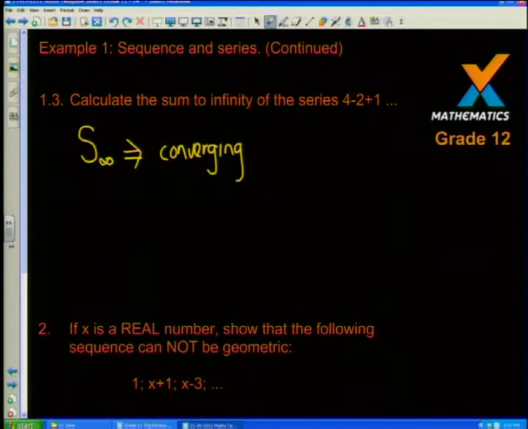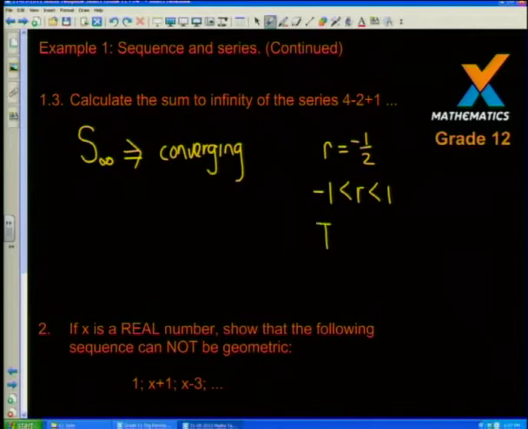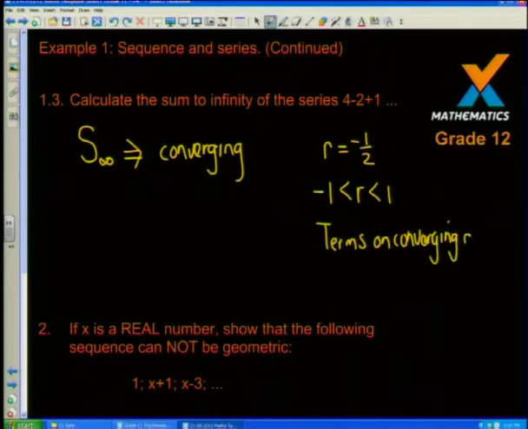Well, can you see that our r value is negative a half, and when our r value lies between negative 1 and 1, each of our terms is getting smaller and they are converging. The terms, okay, are converging on 0. And so that means that we can sum to infinity.